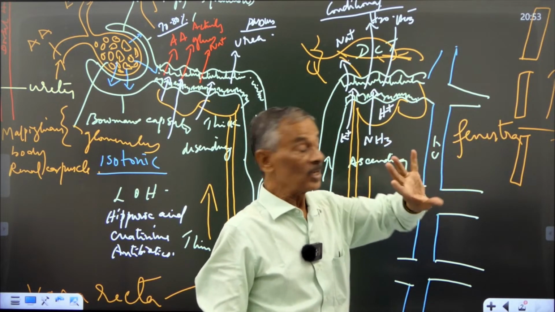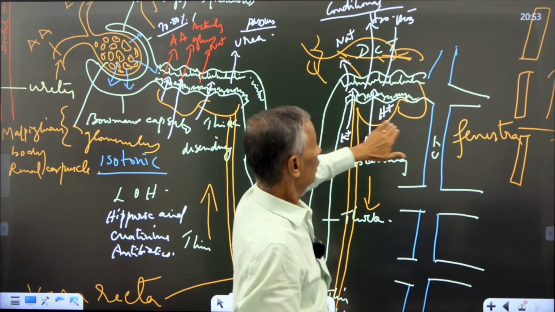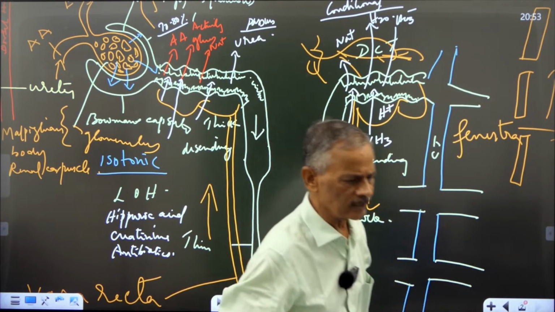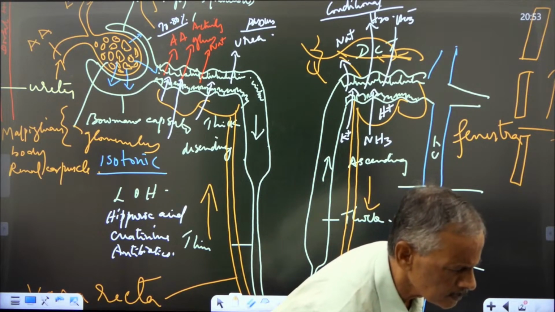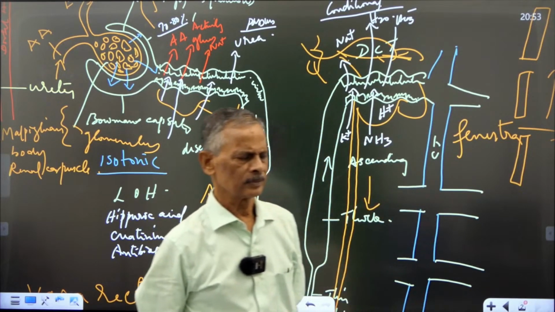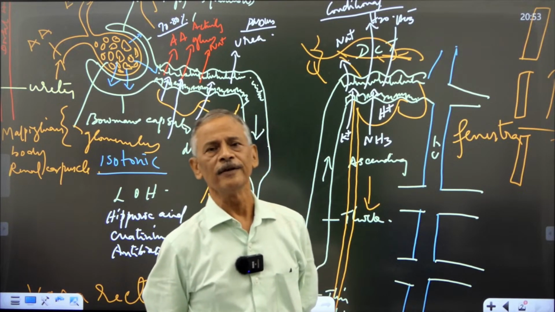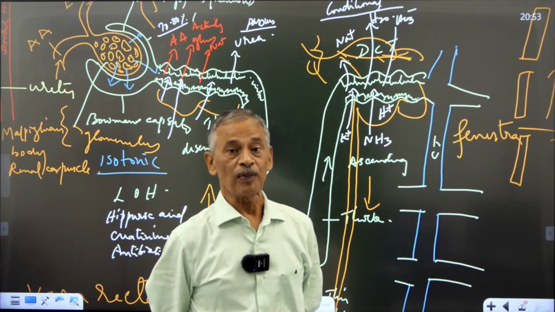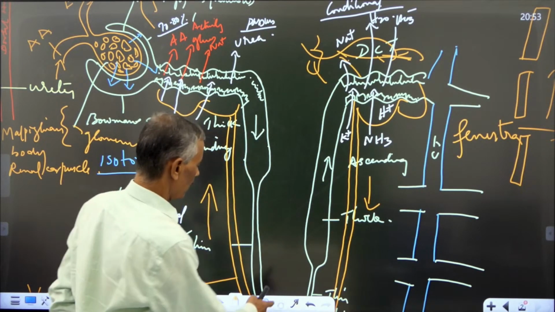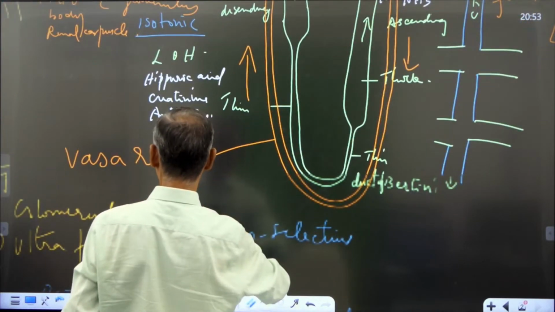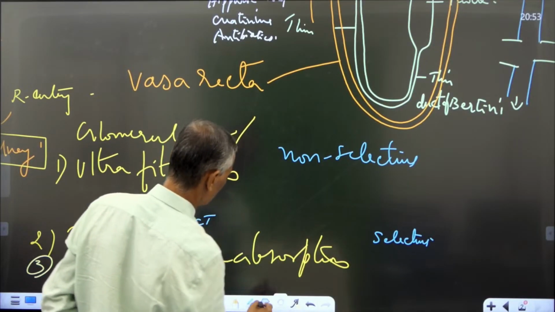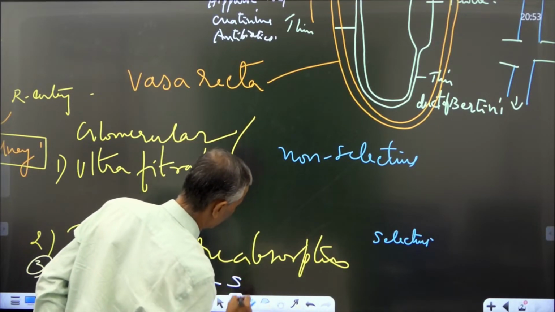This secreting into the urine from the surrounding peritubular capillary is called tubular secretion. This tubular secretion is with the help of the cuboidal cells, both in PCT and DCT. Remember, this activity is the third and final action, and tubular secretion is also a selective one.